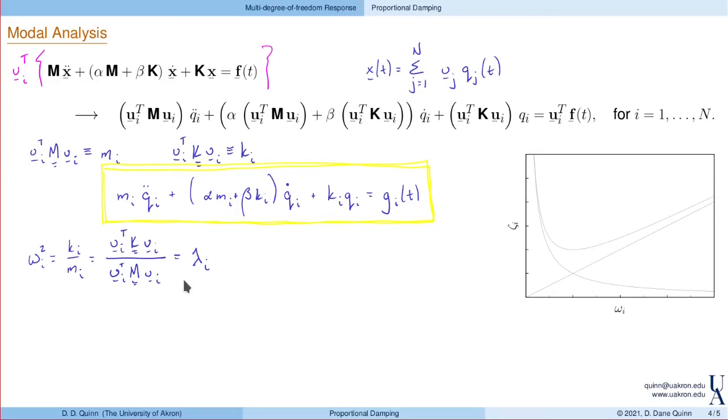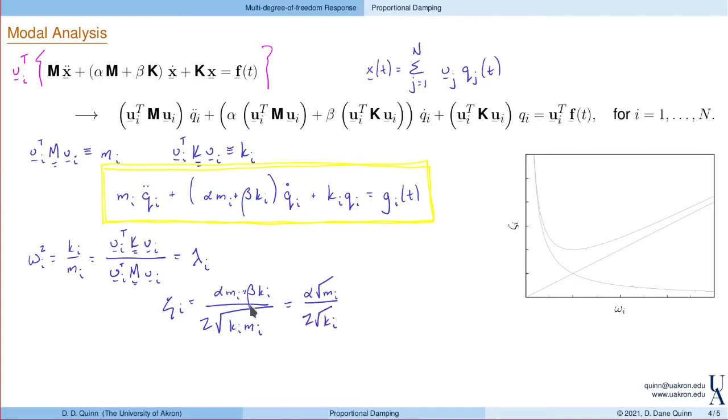And then we can also identify a damping ratio. So the damping ratio is going to be our equivalent damping, which is alpha m plus beta k, again that's the equivalent damping for this mode, divided by 2 times the square root of equivalent stiffness times equivalent mass, so k_i m_i. Well, we can actually simplify this and write it as alpha times m, square root of m divided by 2 square root of k.